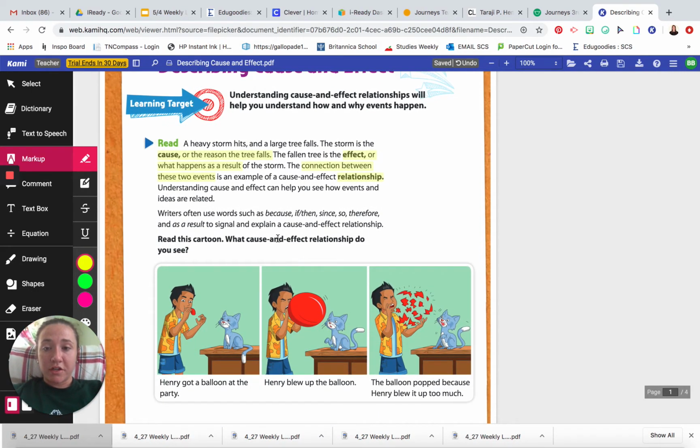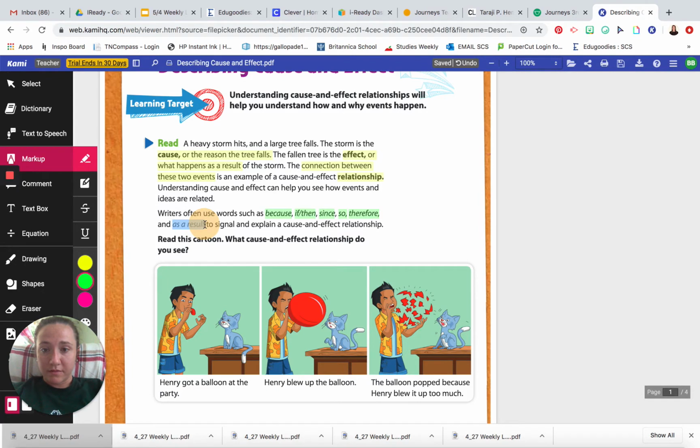So some words writers often use to describe a cause-effect relationship are because, if-then, since, so, therefore, and as a result.